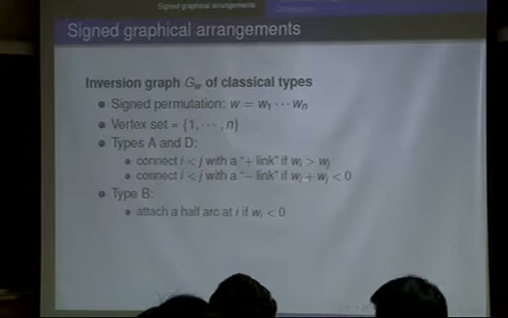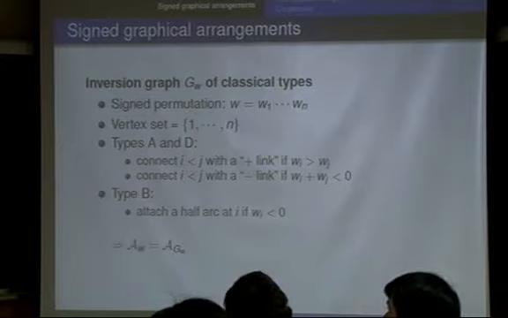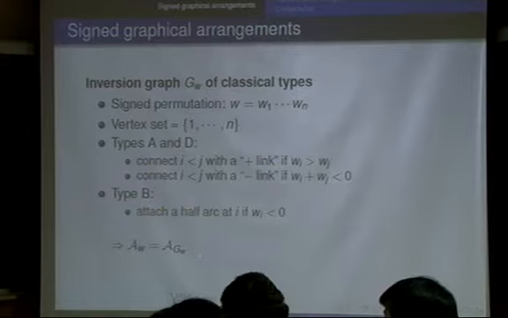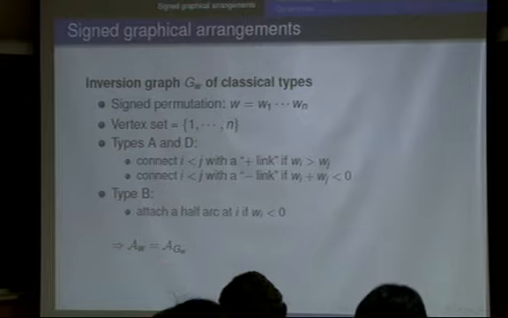The inversion graph is just an ordinary graph consisting of positive edges. For a given inversion graph, we take the signed graphical arrangement of it, and that's the inversion arrangement of this element. So it all reduces to the combinatorics of this inversion graph.